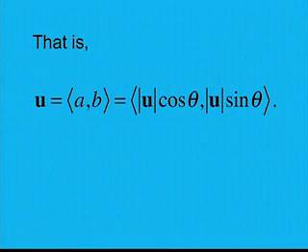That is, vector u, which equals a comma b, is equal to magnitude of u cosine theta, comma, magnitude of u sine theta.